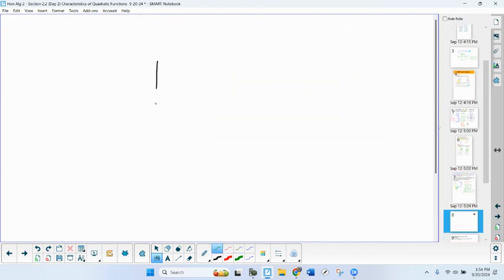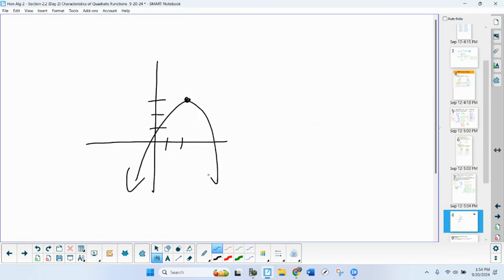Let's look real quick. If I had this graph that looked like this, right through 2. Domain, all real numbers. Range, y is less than or equal to 3. Okay? Now, what would you tell me?